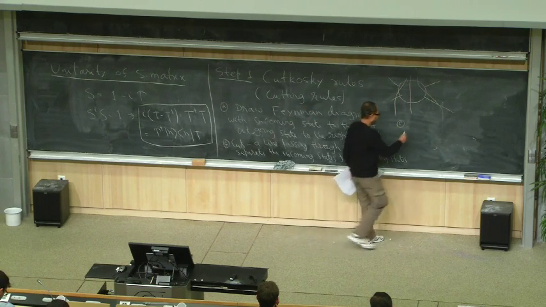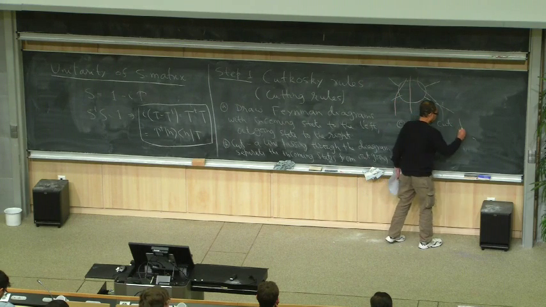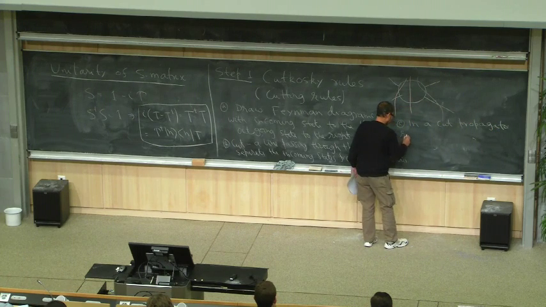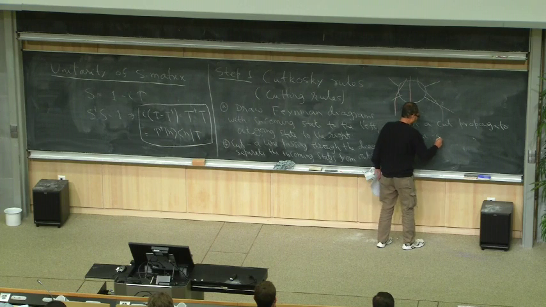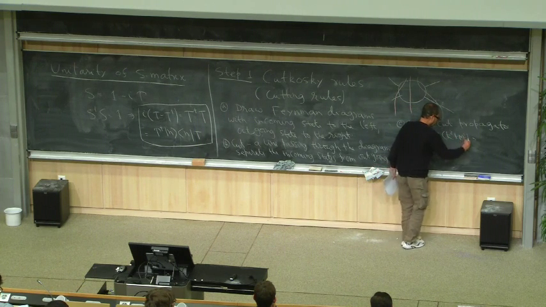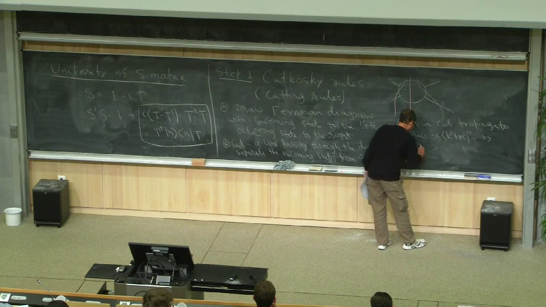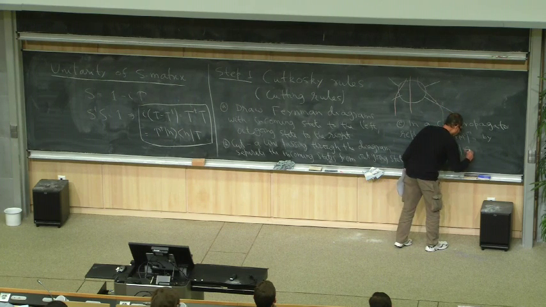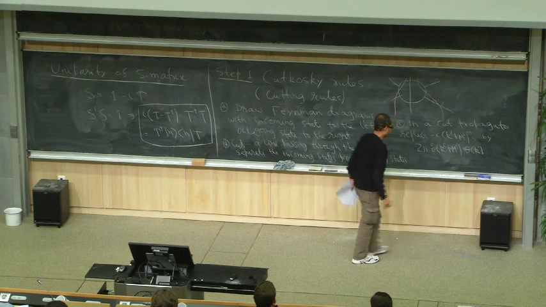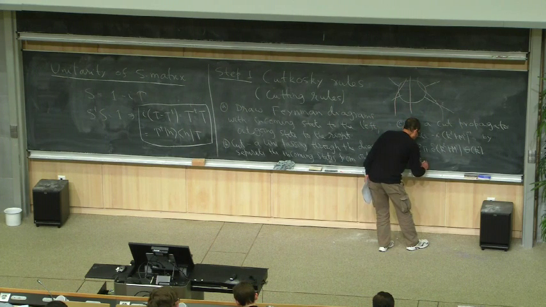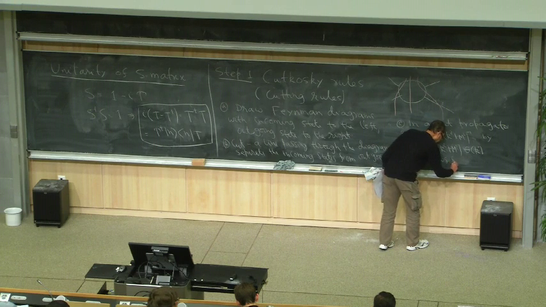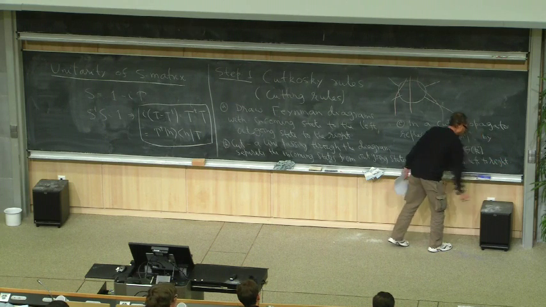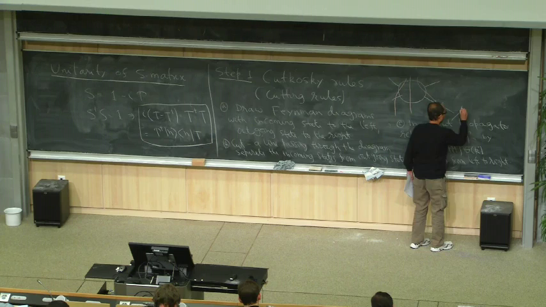In a cut propagator, replace minus i times (k squared plus m squared) inverse by 2 pi delta of (k squared plus m squared), where k is the momentum that flows from left to right. I should say this applies in a cut internal propagator. For external ones, there is no effect.